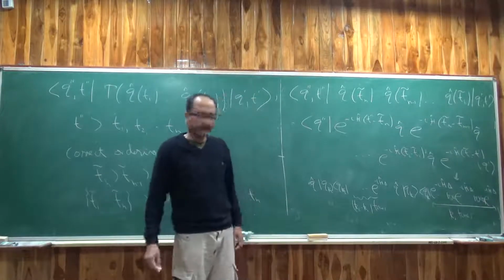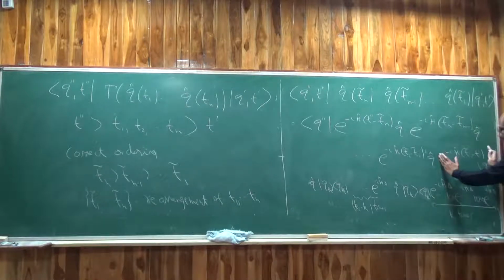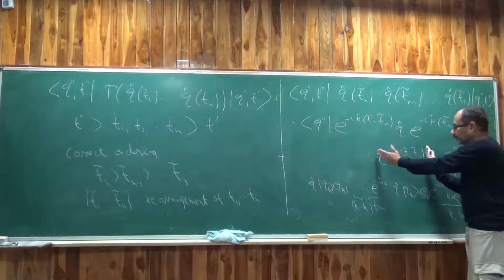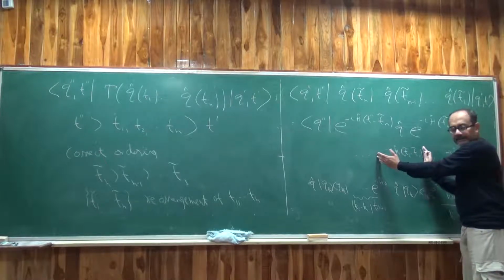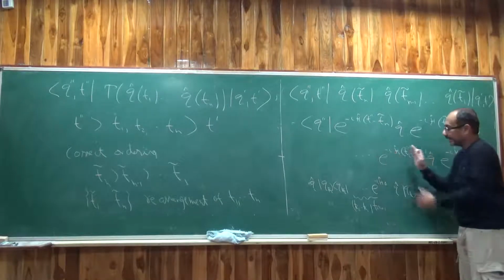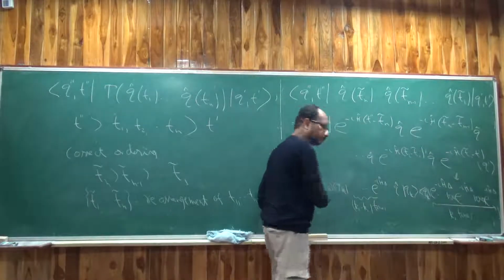You see, between these there are k1 factors of e to the minus i h hat delta, then a q hat gets inserted. Then e to the minus i h hat delta, k2 minus k1 factors. Then again another insertion of q hat here, and so on.